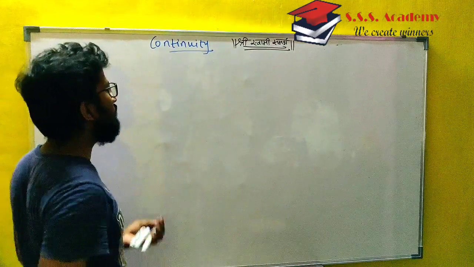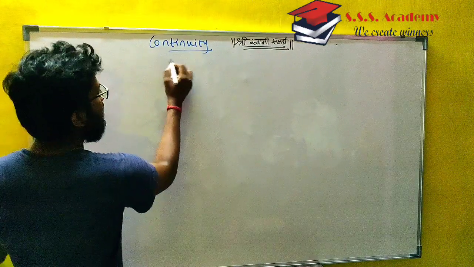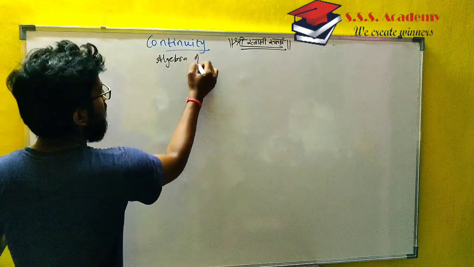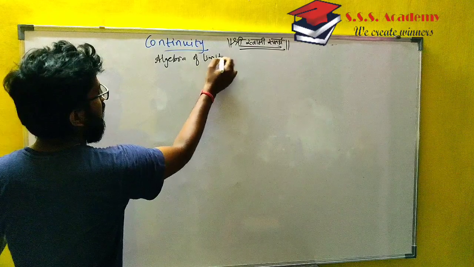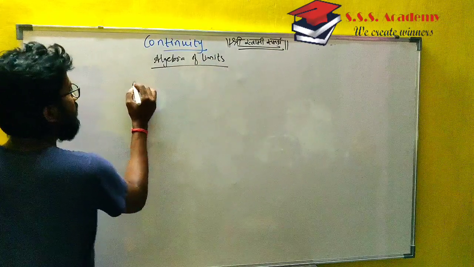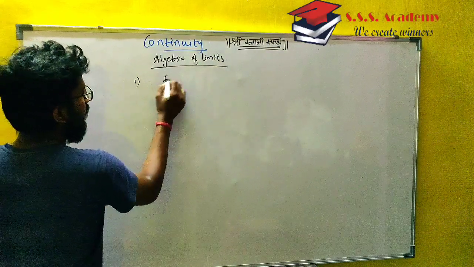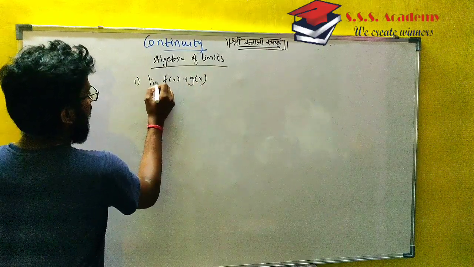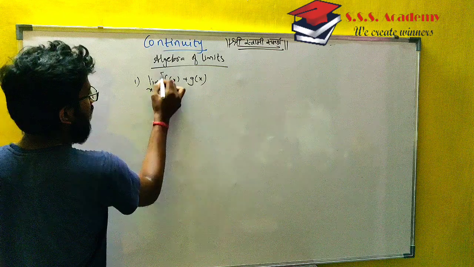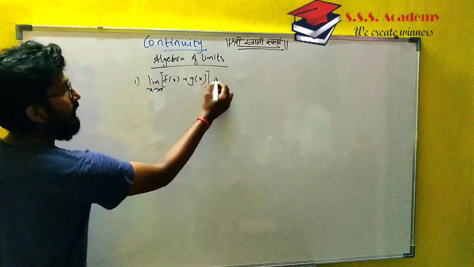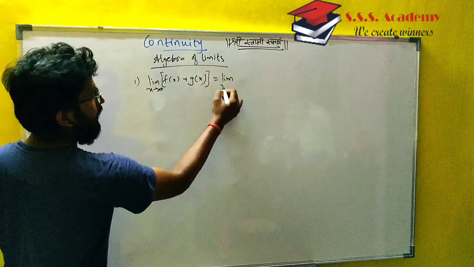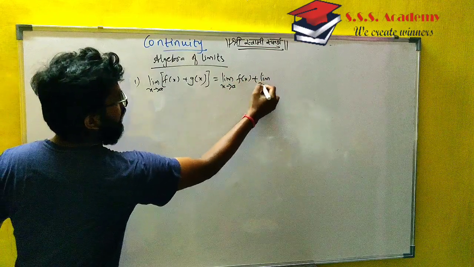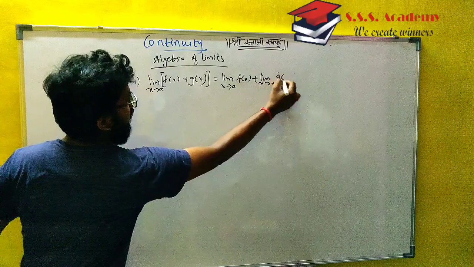The rules are very simple. Let's talk about the algebra of limits. The first one: when two functions are added and a limit x tends to a is applied to both, the limit will go to the first function plus the limit will go to the second function.